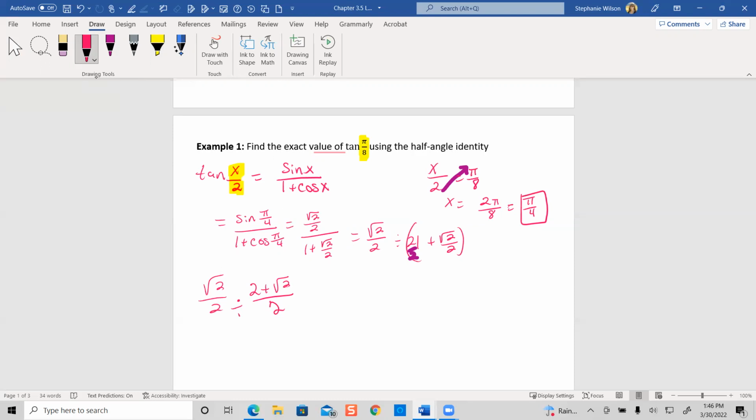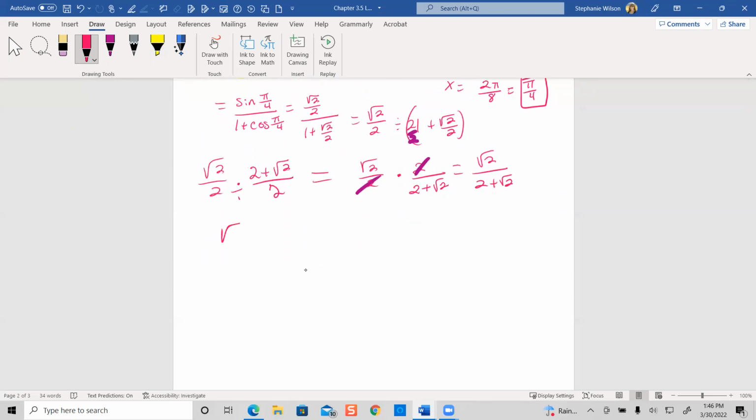So next, I want to rewrite this to follow the rules of dividing with fractions: keep the first, change the operation to multiplication, flip the second. The 2s reduce. So now I have square root of 2 over 2 plus the square root of 2. And we always want to clean it up and get it in simplest form. So let's do that.